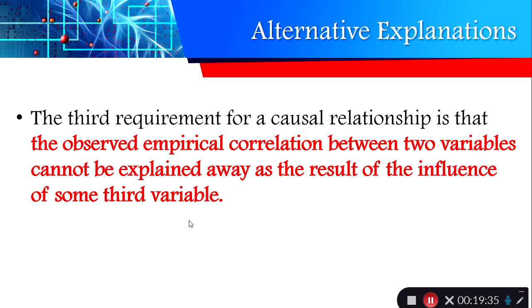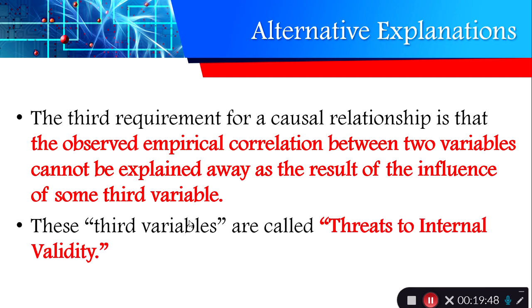And then finally, alternative explanations. The third requirement for a causal relationship is that the observed empirical correlation between two variables cannot be explained away as the result of the influence of some third variable. So we call these third variables threats to internal validity. We're going to talk about several different threats to internal validity coming up soon here.